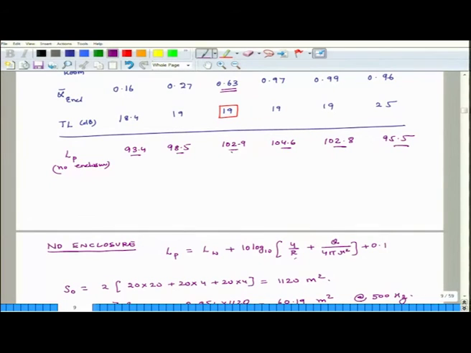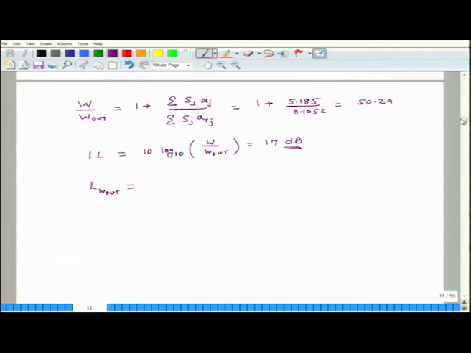So, I just subtract 17 from there. So, this is equal to 114 minus 17, which is equal to 97 dB, and L p equals 97 minus 11, that is equal to 85.9. Okay.